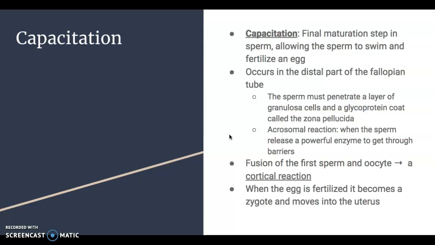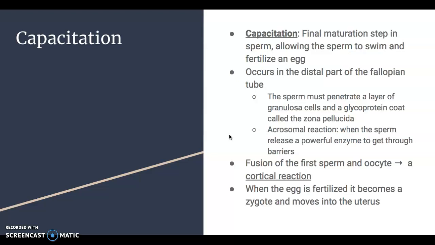The fusion of the sperm and the oocyte triggers a cortical reaction, which releases cortical granules from the peripheral cytoplasm of the egg, and then releases their contents into the space just outside the egg membrane.